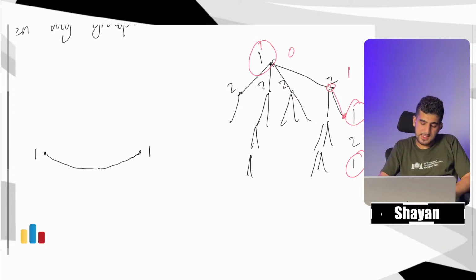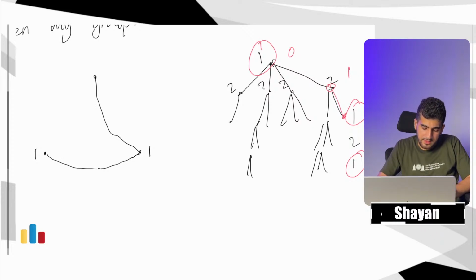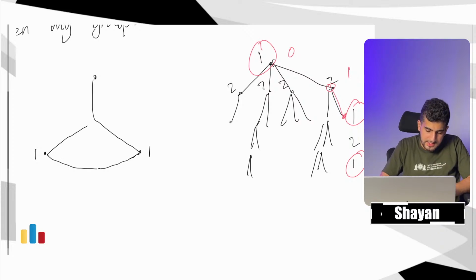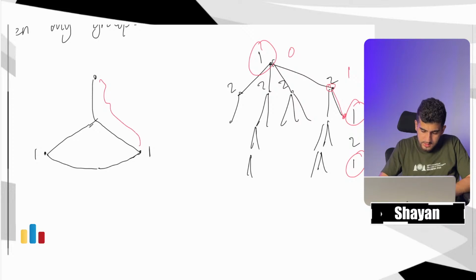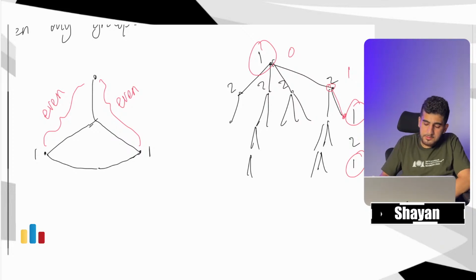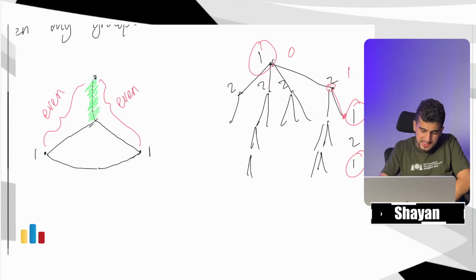So what I can say is that both these vertices have even distances to the root. Maybe some part of their paths intersects, but anyway, their distance to the root, this part is even, and this part is also even. And maybe some part of it is the intersection, and it will be counted twice. Because this part is counted twice, it has no effect on parity.